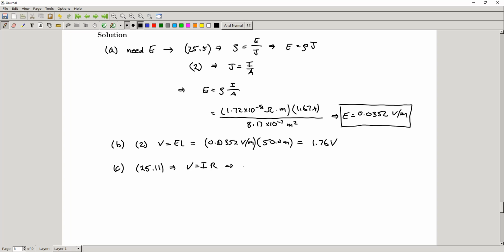We can rearrange this to get R equals V over I, and now we just substitute in numbers. We just calculated what V was, and we're told what our current is. If we do that calculation, we end up with 1.05, which would be volts per amp, but we know that volts per amp can be written as ohms. So that's our R.